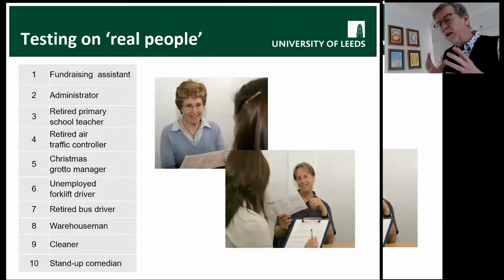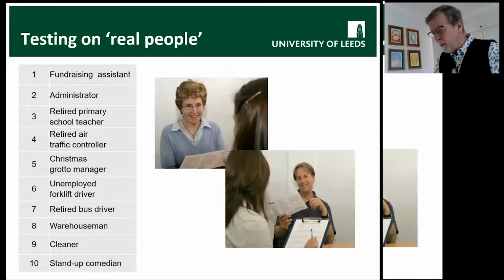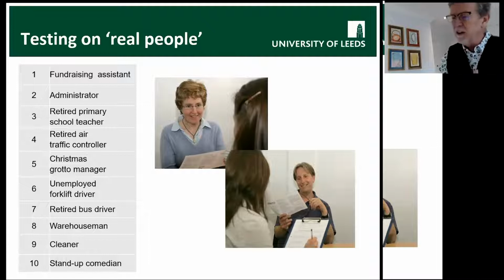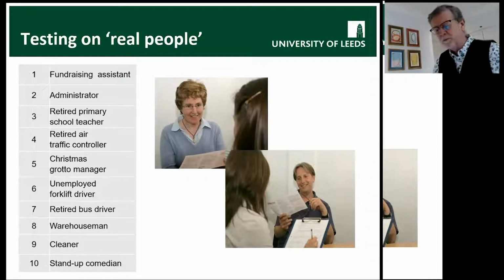Now, such testing only really works properly if you test on what I would call real people. So this is from a test we did recently, and these are the occupations or the details of the people who we involved.